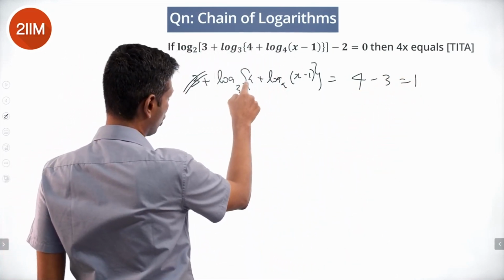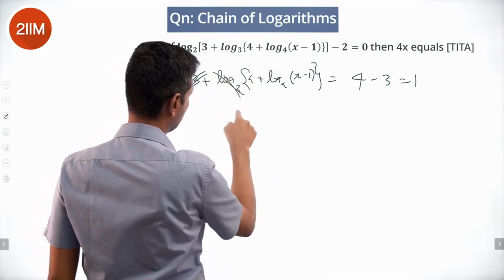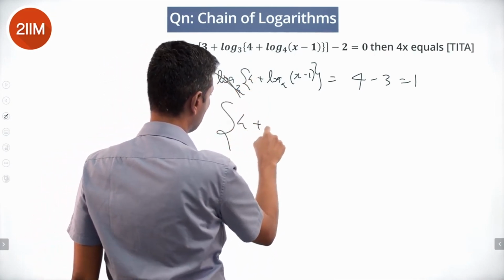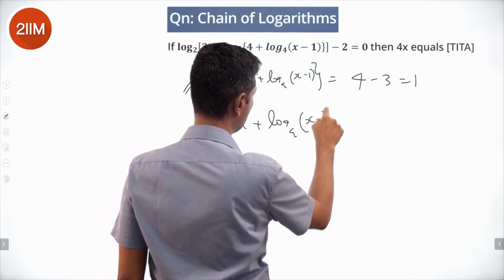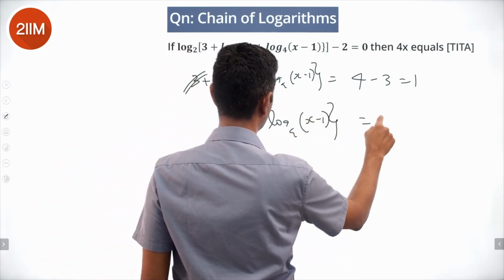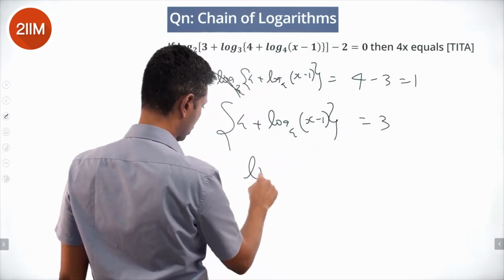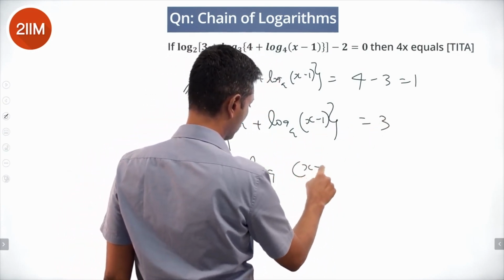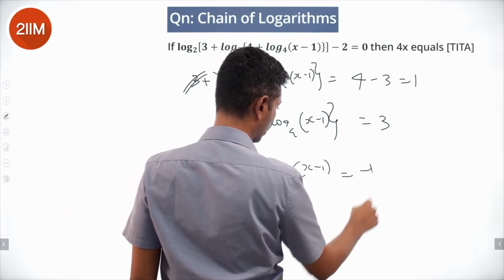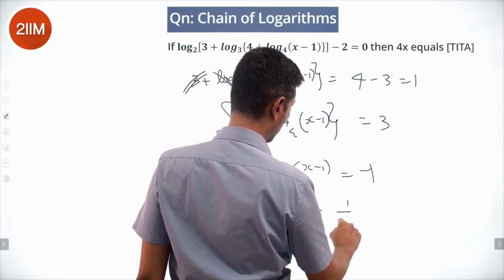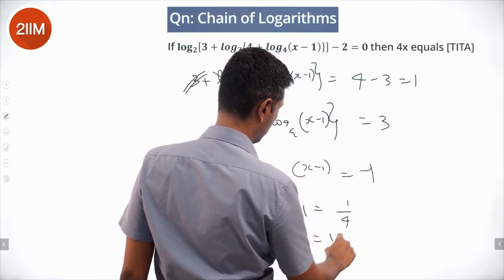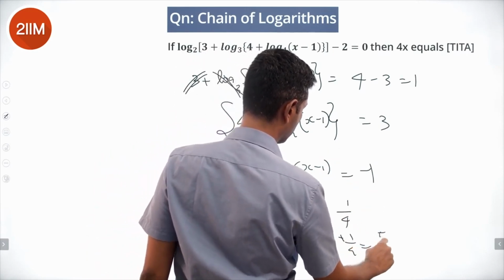I'll remove this log to the base 3 completely. Means there's remaining 4 plus log to the base 4 of x minus 1 is 3 power 1, which is 3. Or log of x minus 1 to the base 4 is minus 1. Or x minus 1 is 4 power minus 1, which is 1 by 4. Or x is 1 plus 1 by 4, which is 5 by 4.